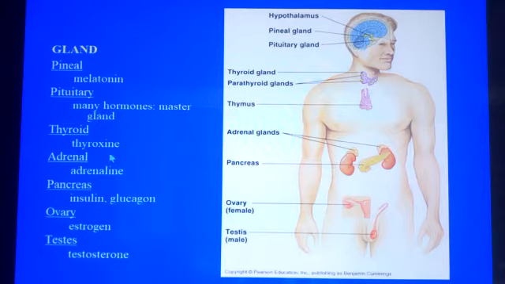Then the thyroid is found within the trachea or the windpipe. It is known to produce two hormones, that is thyroxine and parathyroid. Thyroxine and parathyroid. Then the adrenal gland.